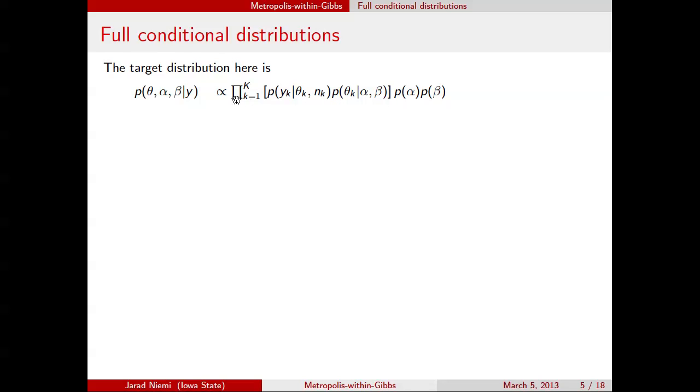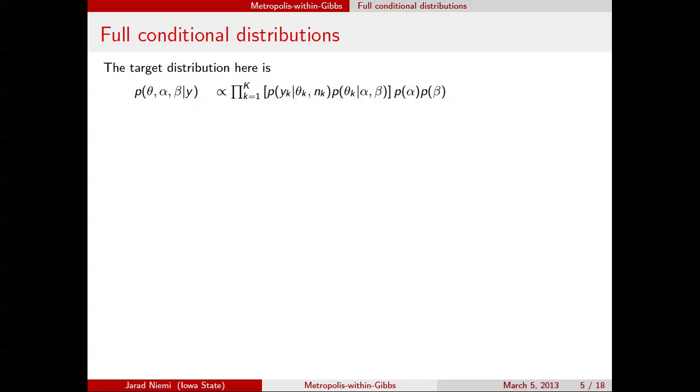Then we have the product over all the different counties. Then we have the hierarchical part, the prior for the different counties. Each county, we assume, was gamma with parameters alpha and beta, and then times the prior for alpha and beta.